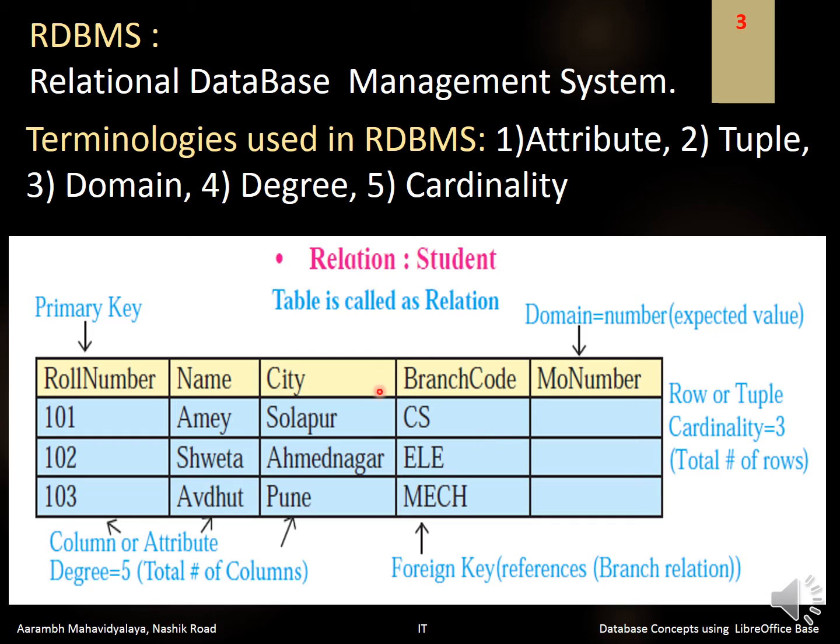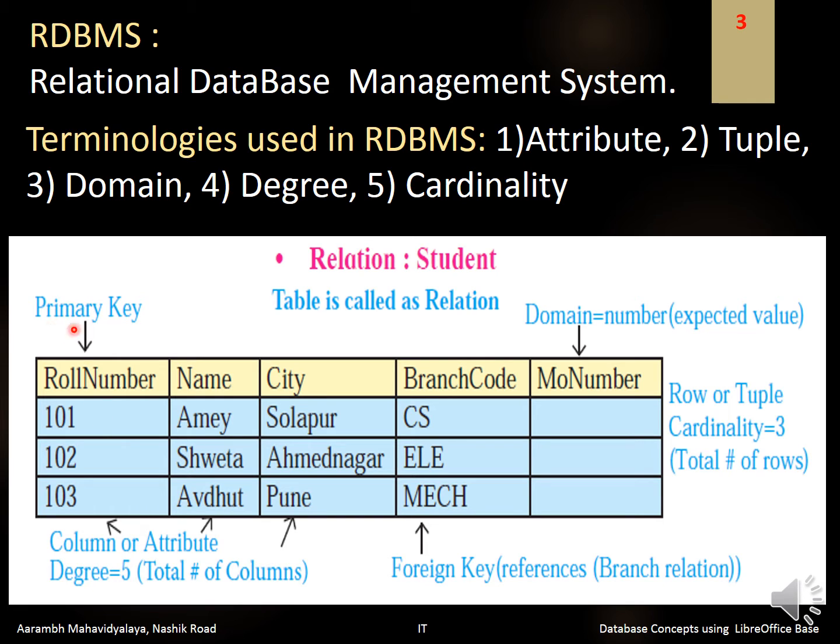Student. And it is relational, as we are going to relate this table to another table. Therefore this table is called a relational table. Now the first thing shown here is the primary key. Primary key means the unique key which will not get duplicated in any way.